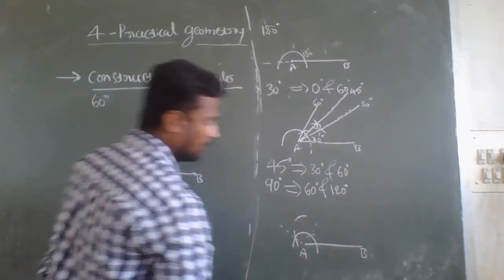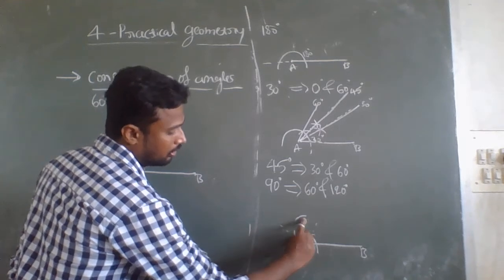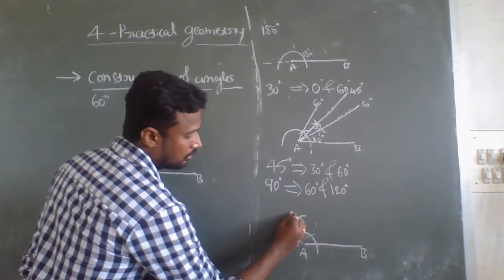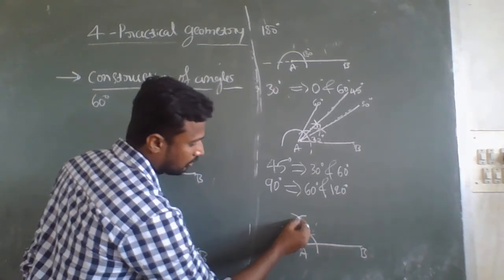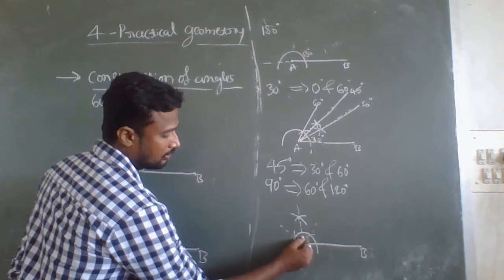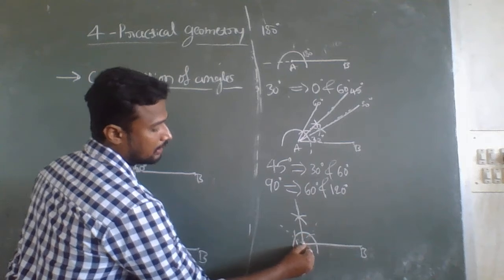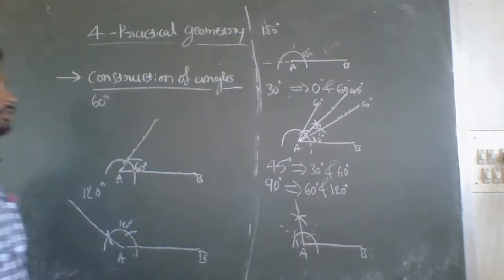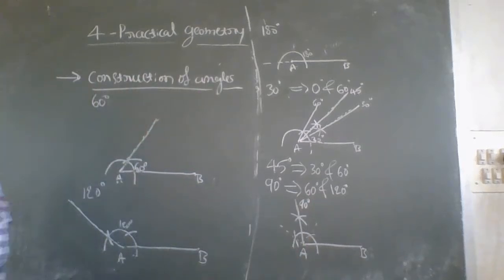Like this only, keep your compass on 120 degree and draw an arc. So if you draw a line through these intersected lines, you will get how much? 90 degree only. So now we got 90 degree.